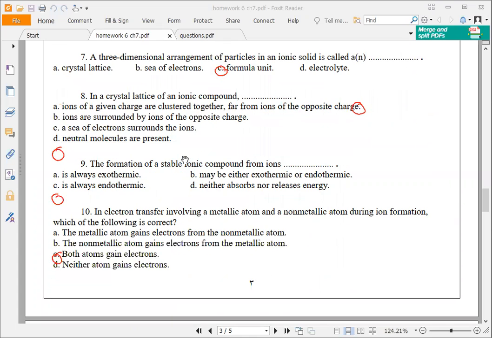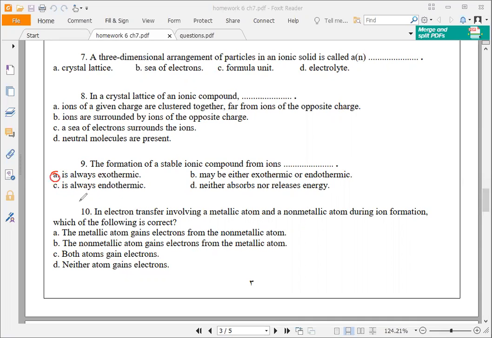Let's go to question number 10. May I answer, Mister? Start from question 9. The formation of a stable ionic compound from ions is A, always exothermic.